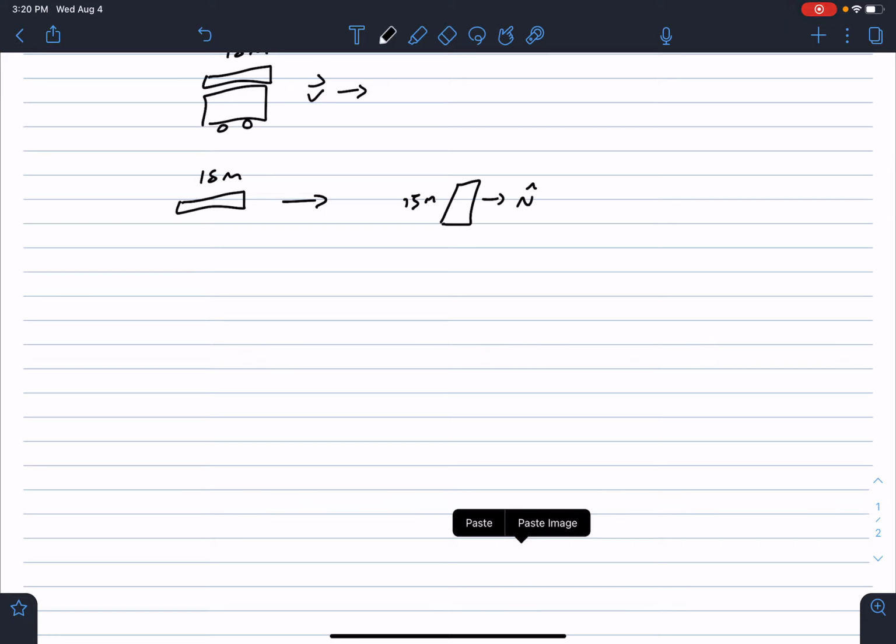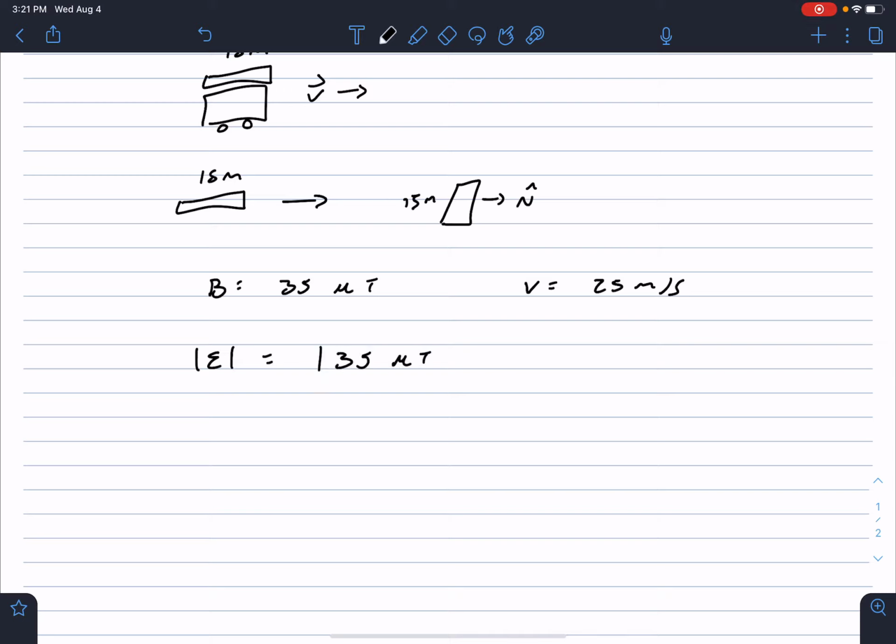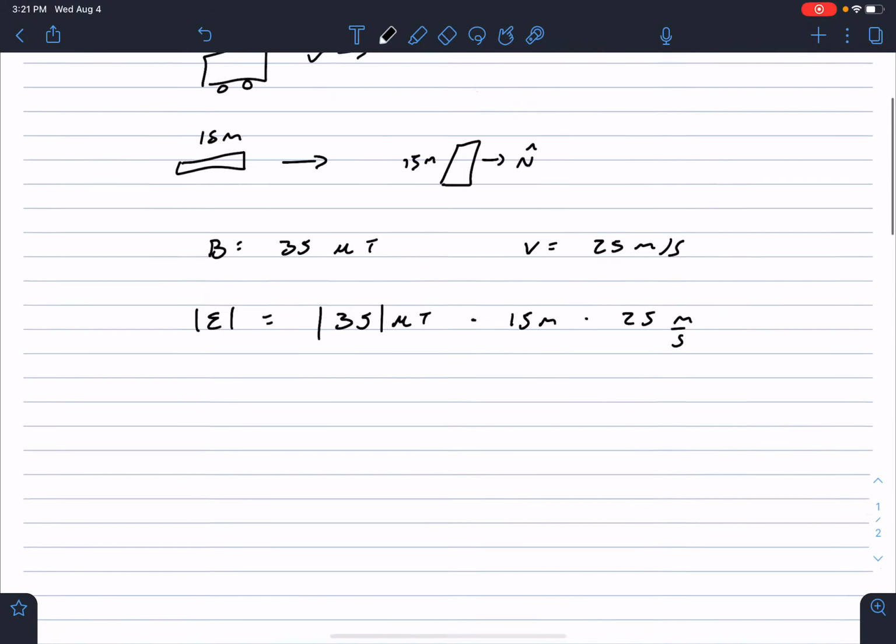And how we're figuring this out is we're using the Earth's magnetic field, which is 35 microtesla at that point. The velocity is 25 meters per second. And then we plug in our formula: 35 microtesla times the length, which is 15 meters, times the velocity, which is 25 meters per second.